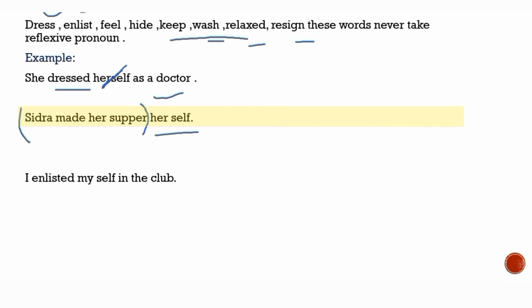So why did we add reflexive pronoun here? Because we want to intensify our subject. That Sidra made her supper herself, no one else did it for her. Our third example is that I enlisted in the club. So after the word enlisted, there is no need to use the word myself, because this is a rule. We don't use myself after the word enlisted.